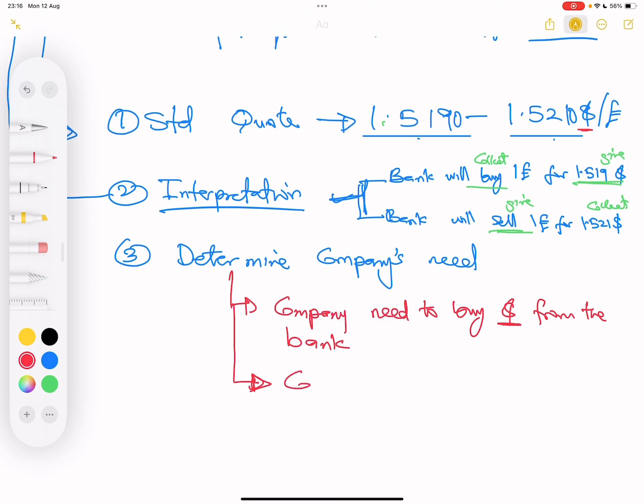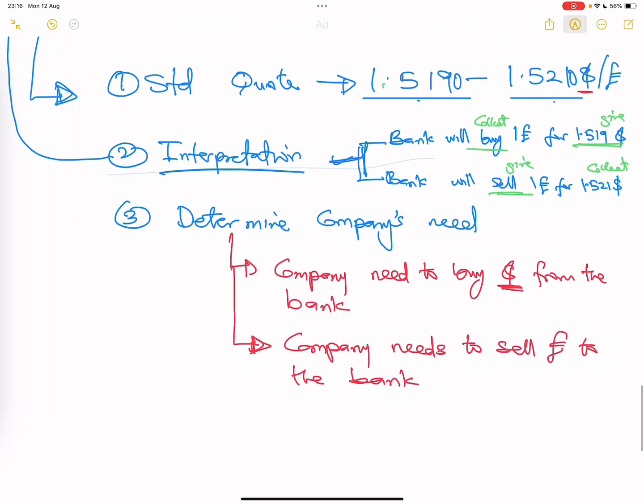It means the company needs to sell pounds. Remember, it's when they sell pounds that they will collect what they need, the dollars. So the company needs to sell pounds to the bank, which means the company will give their pounds away and collect dollars from the bank.